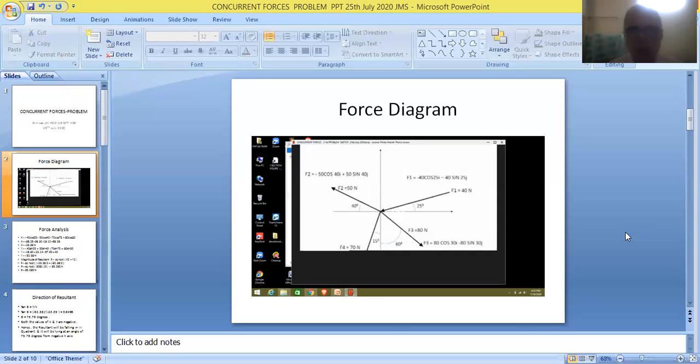Generally, capital F is used for indicating the various forces. So notations are very, very important.